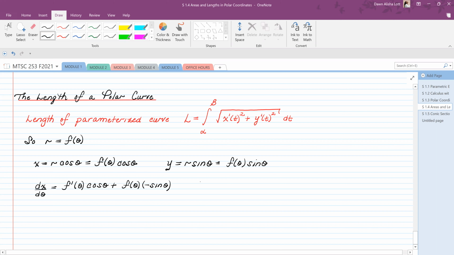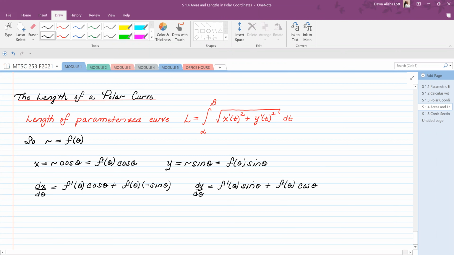And dy d theta, or y prime, is equal to f prime of theta times the sine of theta plus f of theta times the cosine of theta.